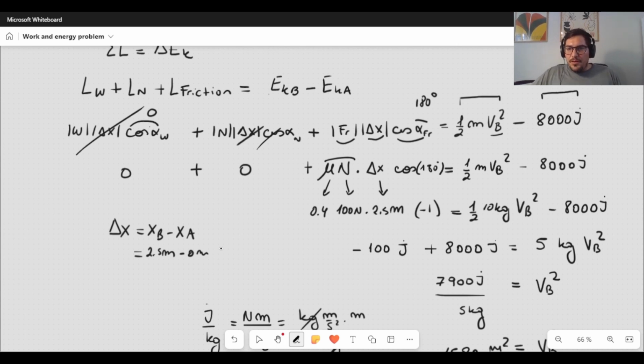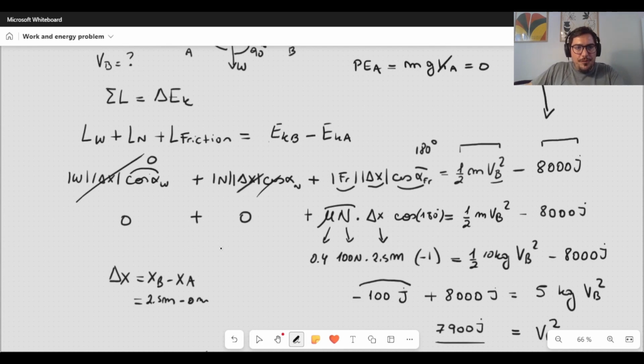Cosine of 180 is minus 1, and now we multiply 40 times 2.5 times minus 1, minus 100 joules. So the sum of the works, and check something that is useful for the following items, the sum of the works in this case is equal to minus 100 joules, because you have 0, 0, minus 100. So minus 100 joules is the sum of the works and is equal to the change in the kinetic energy.